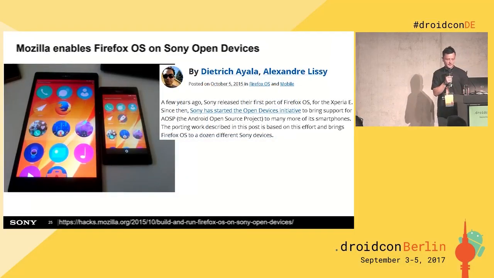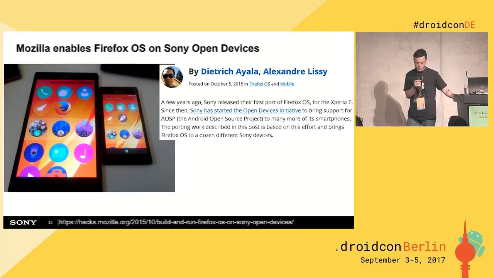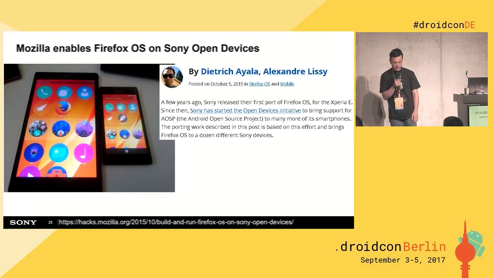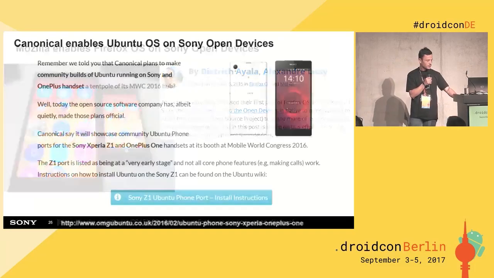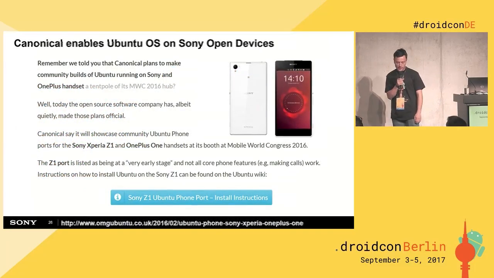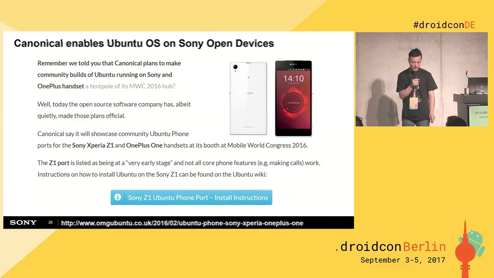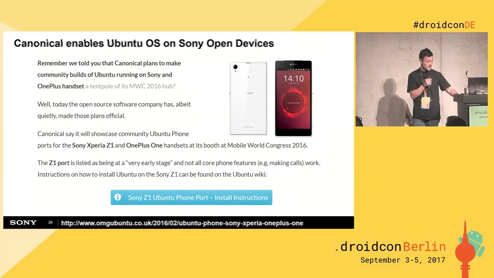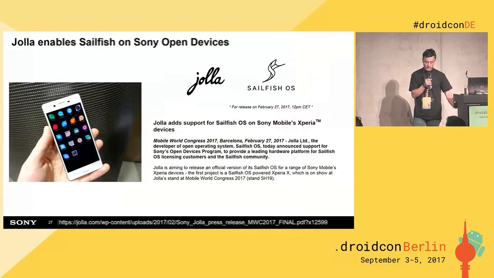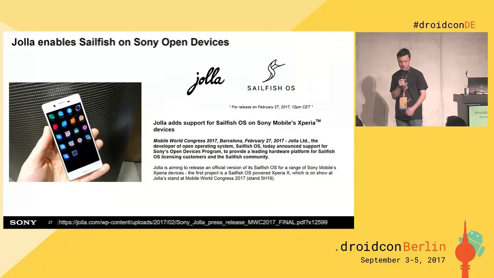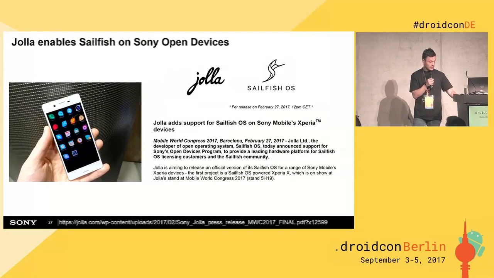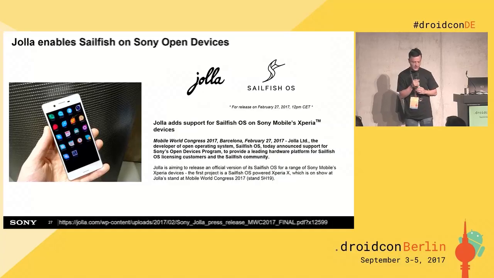In 2015, Firefox was proud to announce that they based their open source initiative on our devices. And then in 2016, Ubuntu published the images at Mobile World Congress for our Xperia Z1. In 2017, Jolla announced Sailfish for our devices, and for the moment they support only the Xperia X device.